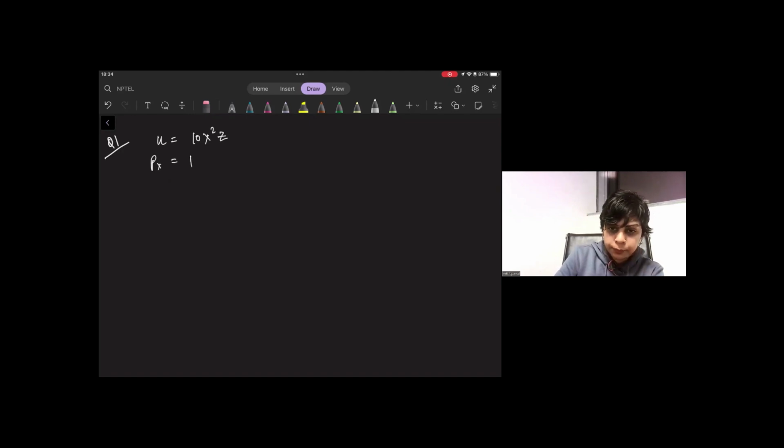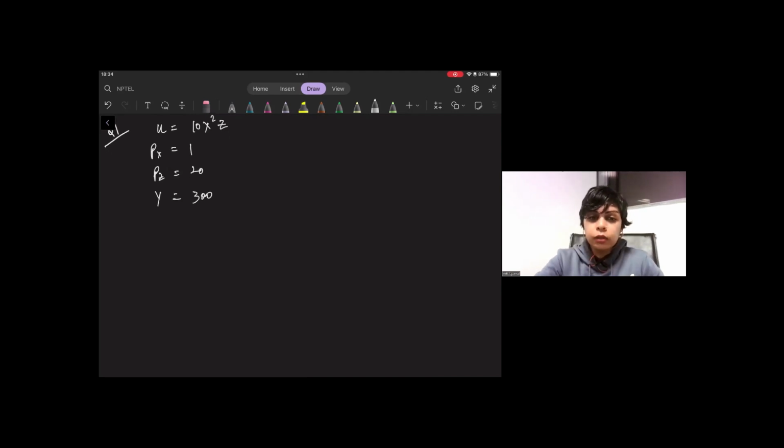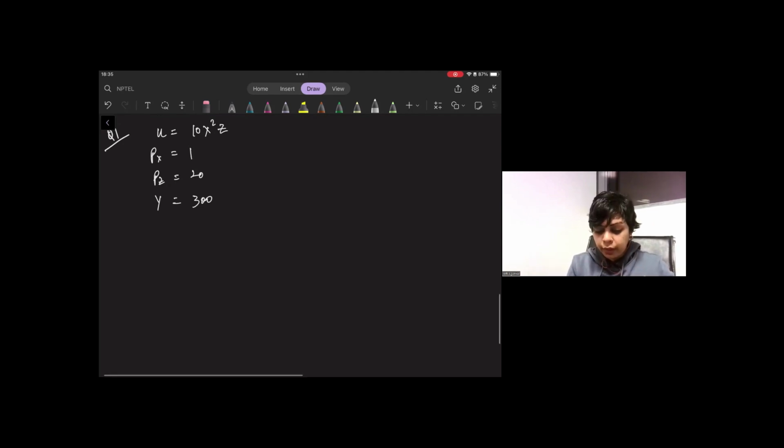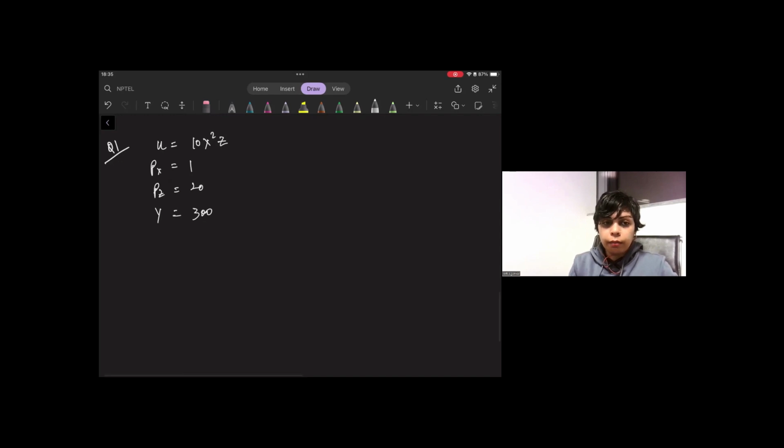Px is 1 and pz is 20 and y is 300. So sometimes it's just helpful to write down the basics of what information you are given, without any language, just basic numbers.